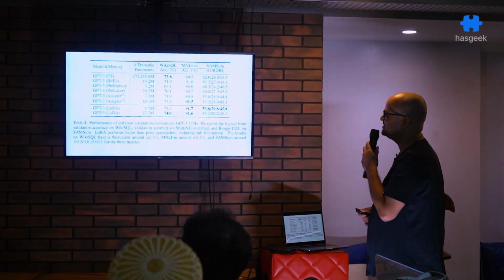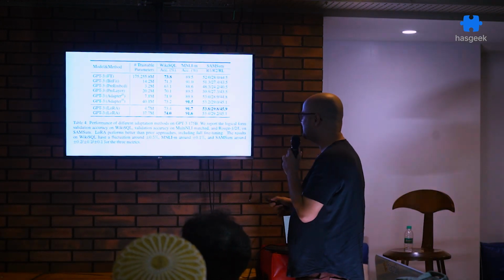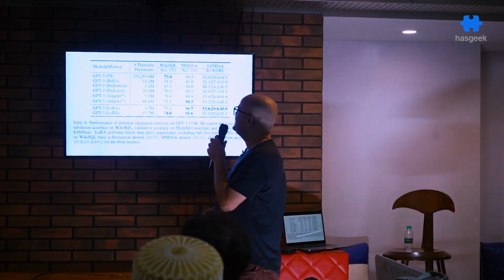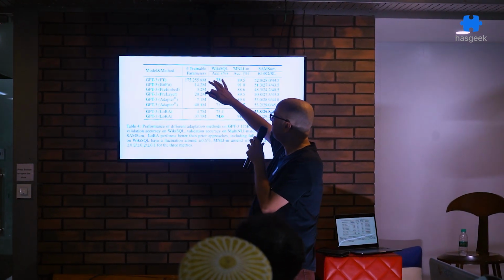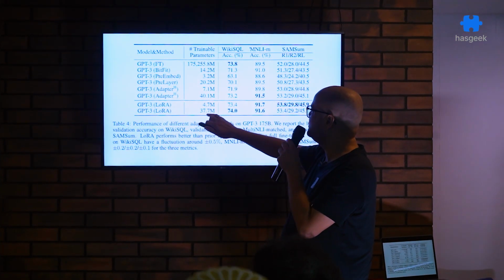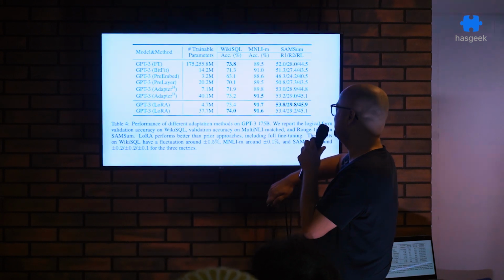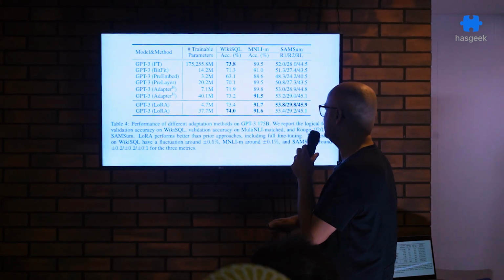So what does it look like in practice? These are all numbers from the paper. Look at the trainable parameters: BitFit was 14.2 million, and LoRA is basically two different variations.